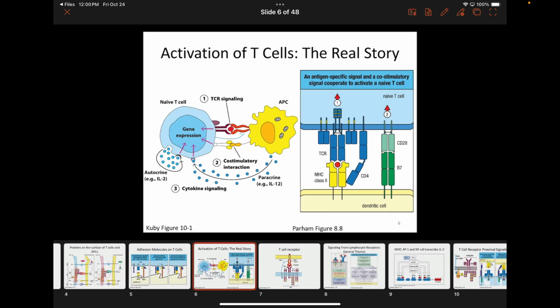And further, there have to be some cytokines involved in this process. Some people call the cytokine signal 3. If we call it signal 3, I don't care. But really, if our T cell is a naive T cell, completely fresh out of the thymus, it needs signal 1, signal 2, and signal 3.